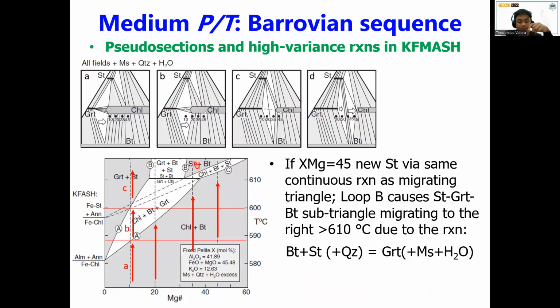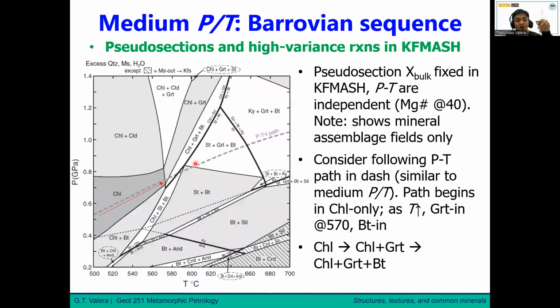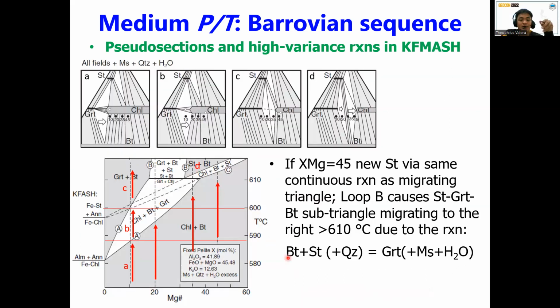Okay? If XMG is equal to 45, new staurolite via the same continuous reaction as a migrating triangle. Loop B causes the staurolite garnet biotite subtriangle to migrate towards the right, at temperatures greater than 610 degrees Celsius due to the reaction biotite plus staurolite equals garnet.